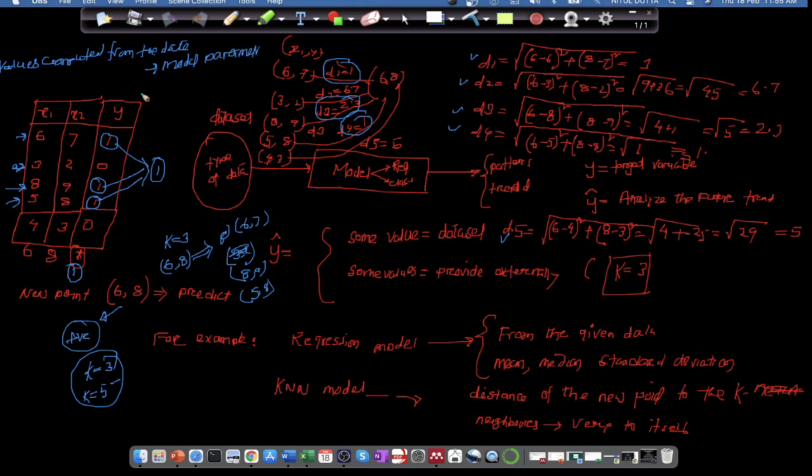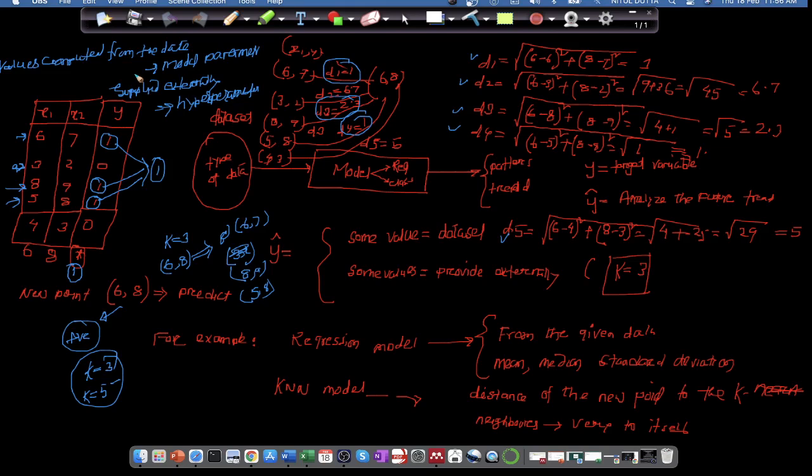And values supplied externally are called hyperparameters. These are very important terms that are necessary for modeling any data set.